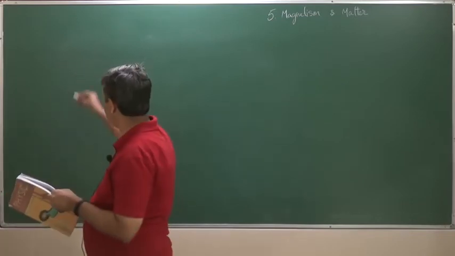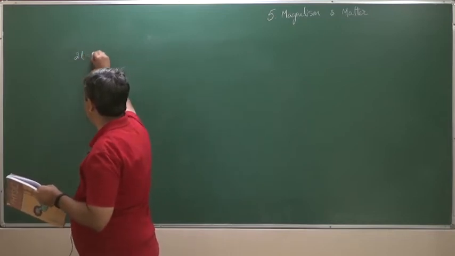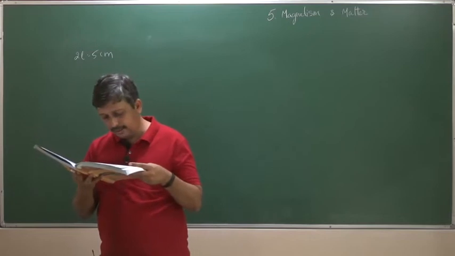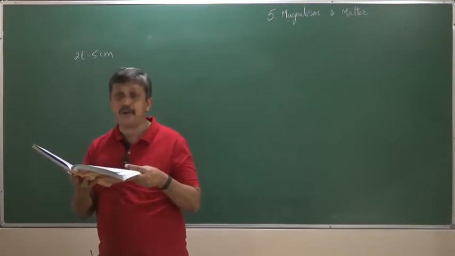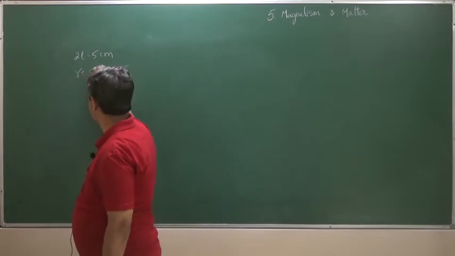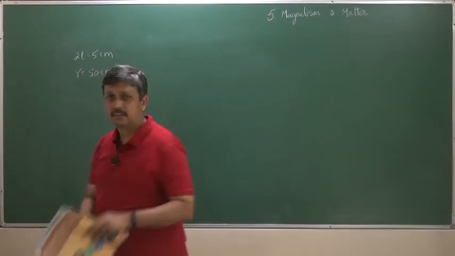Write down. Bar magnet length we call 2L, 5 centimeters, at a distance of 50 centimeters from its midpoint. So R we say is 50 centimeters from its midpoint.